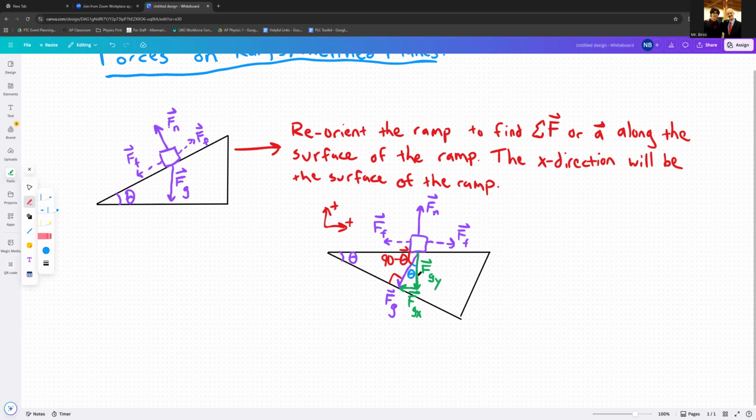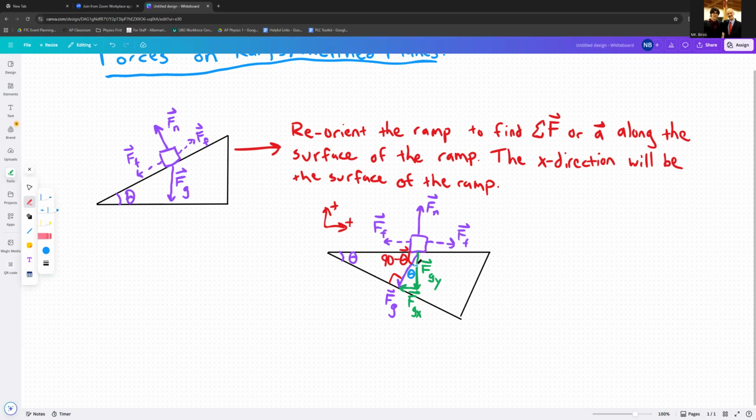So knowing that we have one right triangle towards the bottom of the ramp, where FG, the purple force of gravity, is making a smaller version of the right triangle we have for the ramp. We have theta, we have 90 minus theta, and then the green FGY component of gravity makes a right angle with the surface of the ramp, because FGY is the component of gravity that's pulling directly into the surface of the ramp.